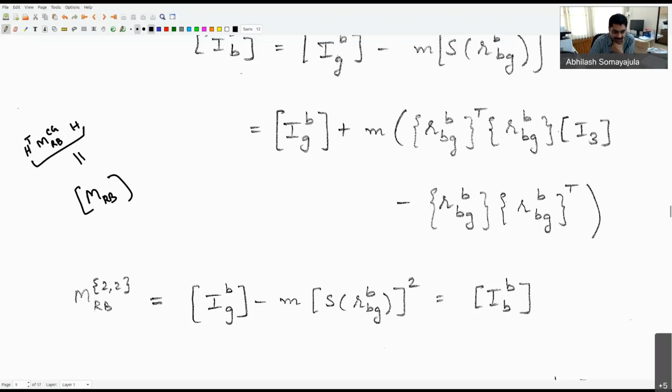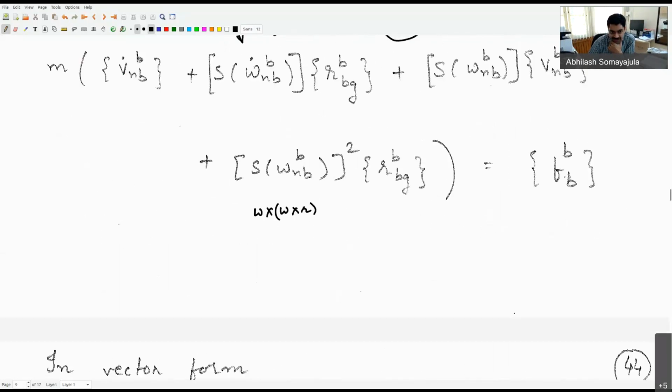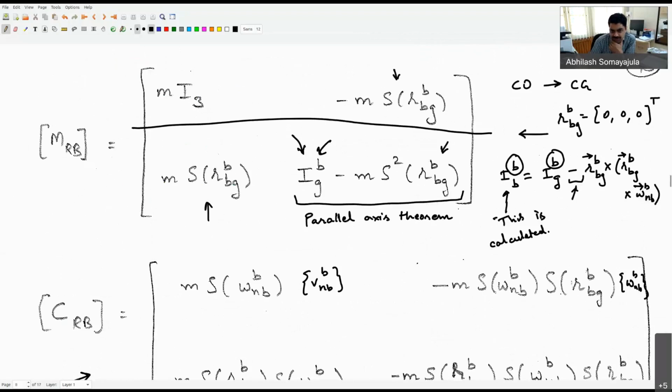And if I look at the bottom right 3x3 submatrix of it, I can see that that thing was nothing but IG minus MS square. So which is nothing but the new moment of inertia about the body fixed frame. We already saw this, just to refresh your memory.